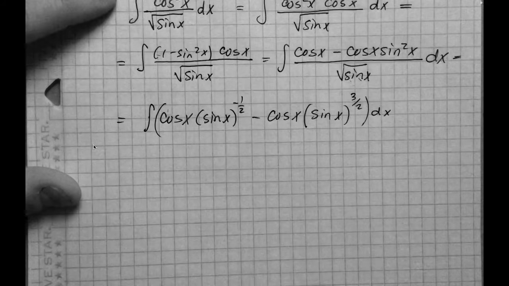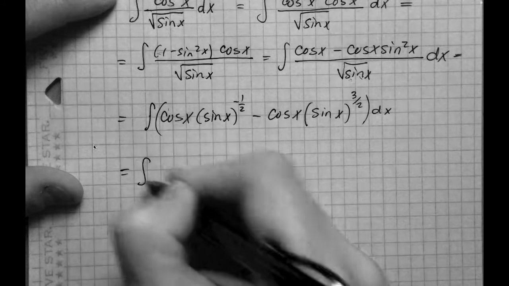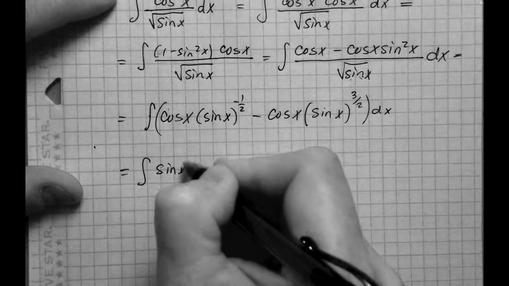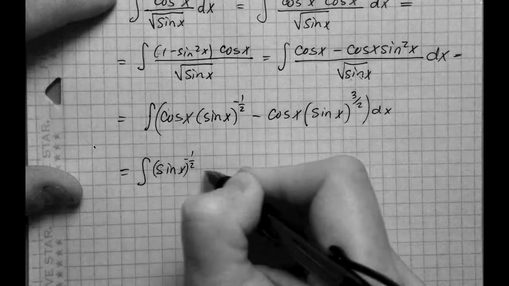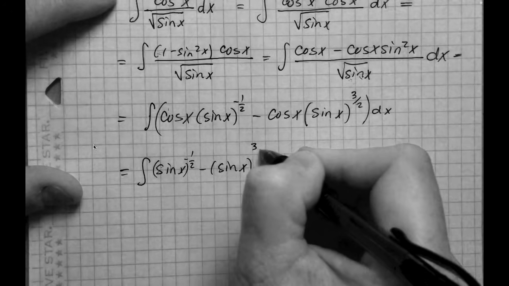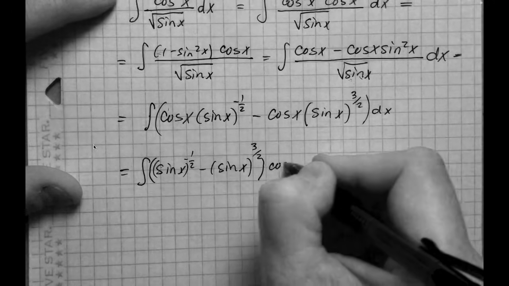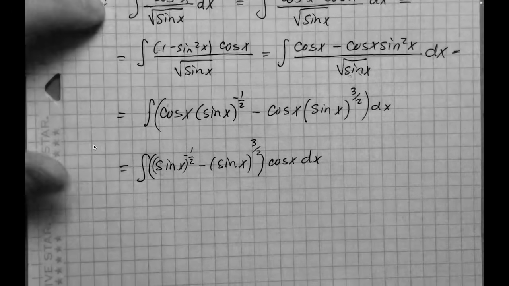Okay, it looks like that. And let's go ahead and factor out the cosine, and so I get what? Sine of x to the negative 1/2 power minus sine of x to the 3/2 power. Okay, that whole thing times cos x dx.